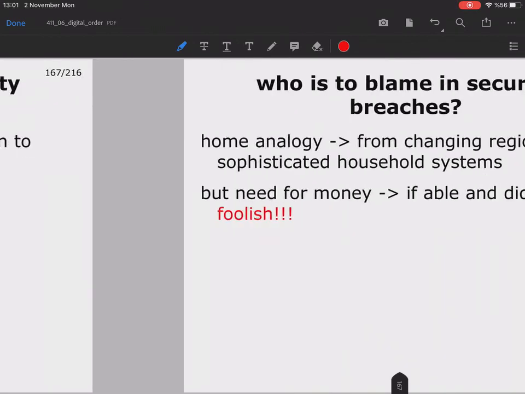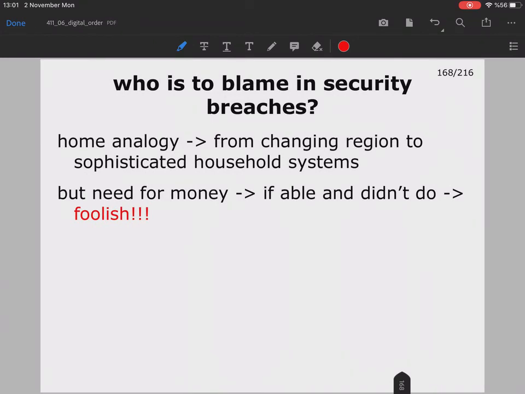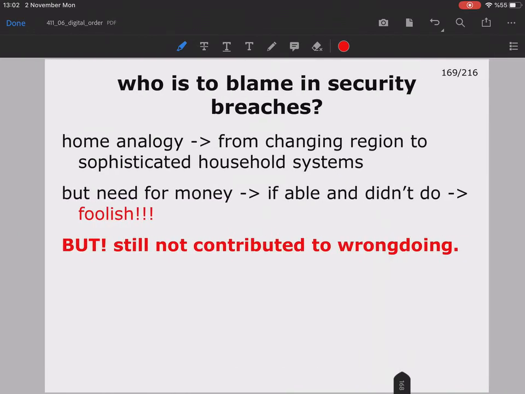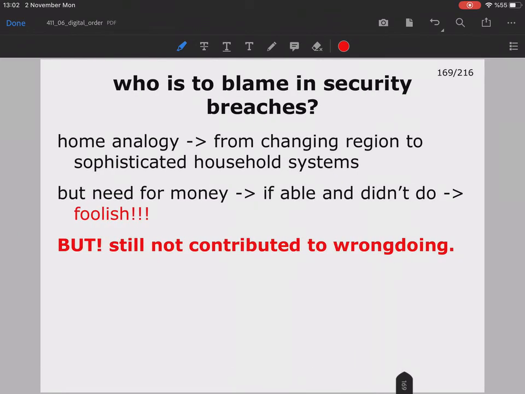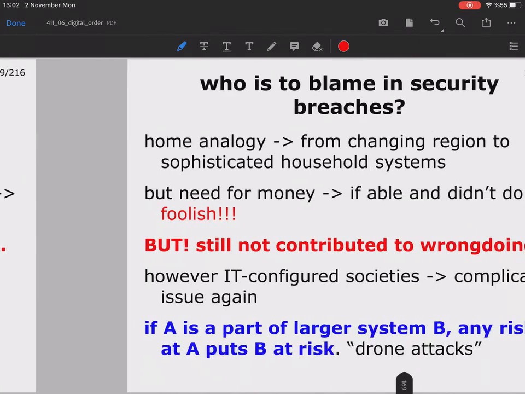We do this, right? But there is a need for money, and if you are able to pay this and didn't do it, it means that you're acting foolishly. This can be explained with foolishness. But you can conclude that you still did not contribute to the wrongdoing.